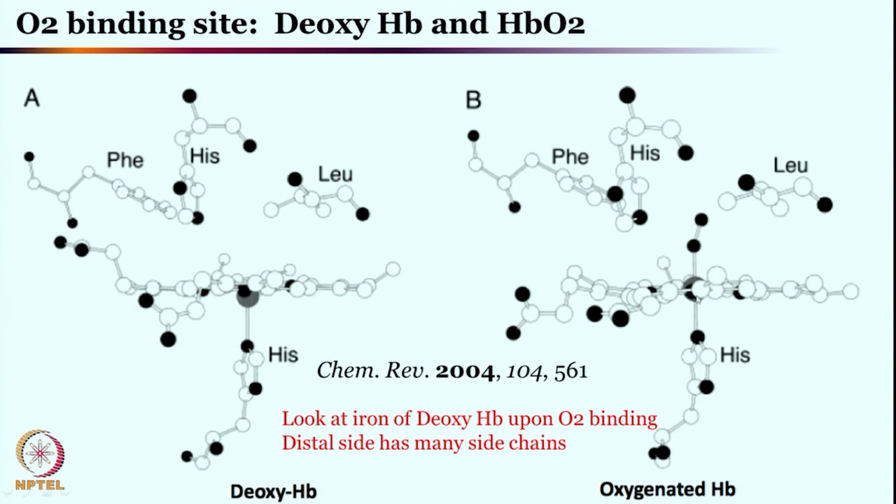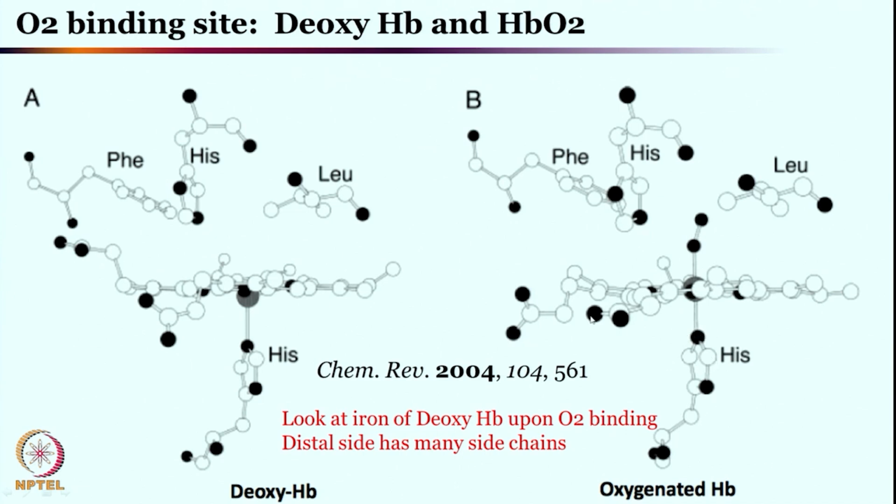Then the iron oxo species, subsequently after oxygen bond cleavage, is generated in cytochrome P450. This high valent iron 4 oxo species will be stabilized, and it is really easy for cytochrome P450 because of this cysteine, which can stabilize such an intermediate.